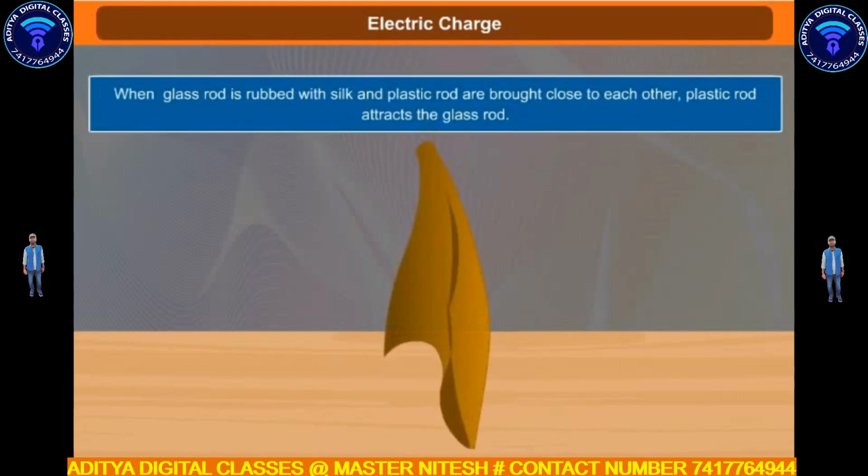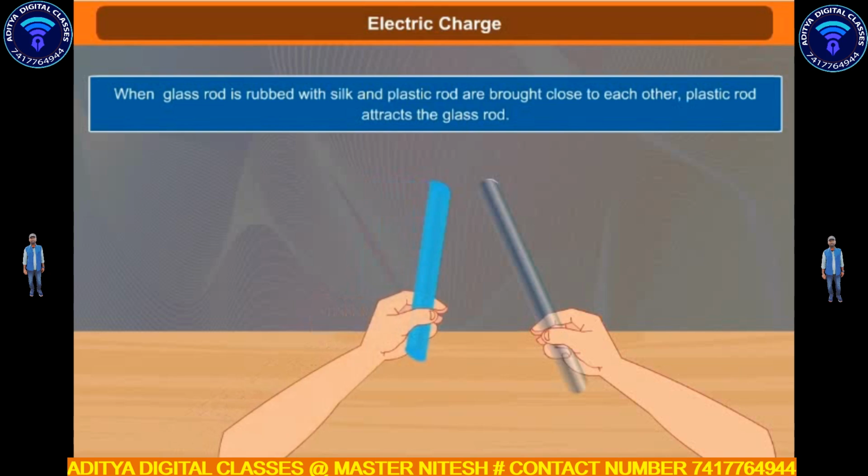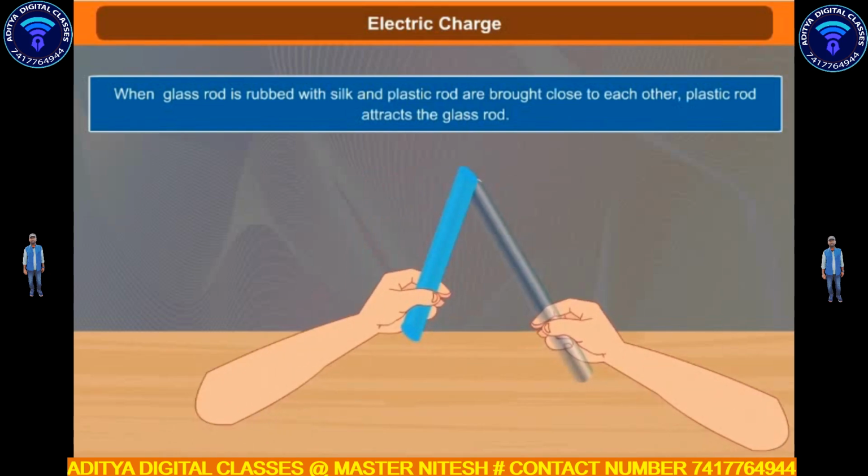When a glass rod rubbed with silk and a plastic rod are brought close to each other, the plastic rod attracts the glass rod. From these activities, we can conclude that like charges repel each other, whereas unlike charges attract each other.